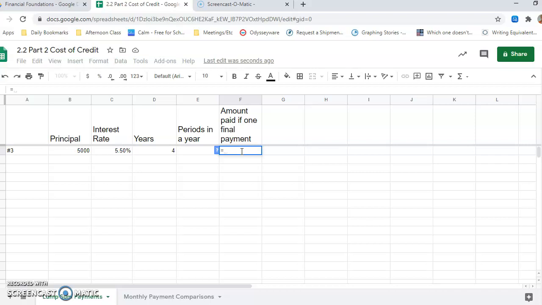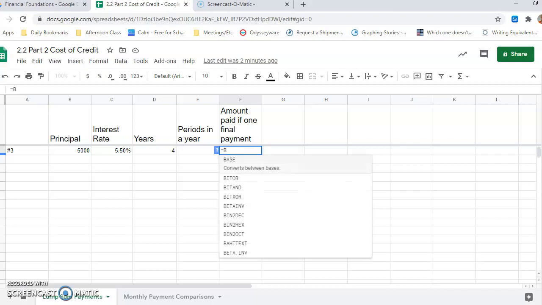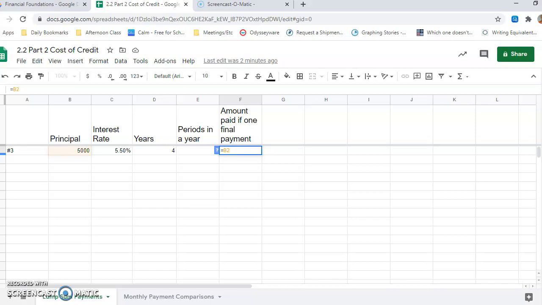All the boxes in a spreadsheet have addresses. They are named by their column and then their number. So we want to use the 5,000, the principal, and that principal is living in B2. Sounds like I'm talking about a person. So B2, and we want to multiply that.